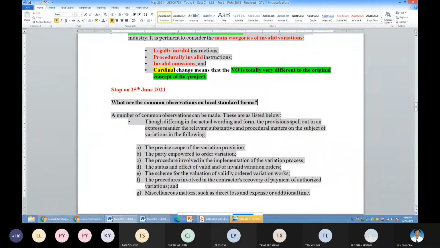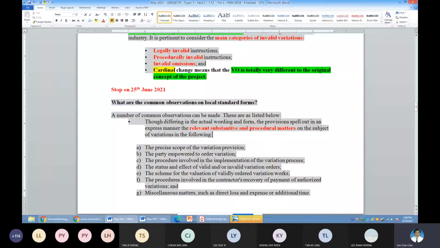So, number one, the substantive and procedural matters related to the subject on variation. So these are the important points that they found out.